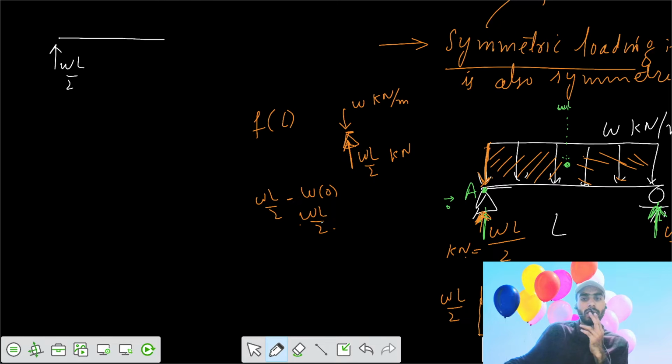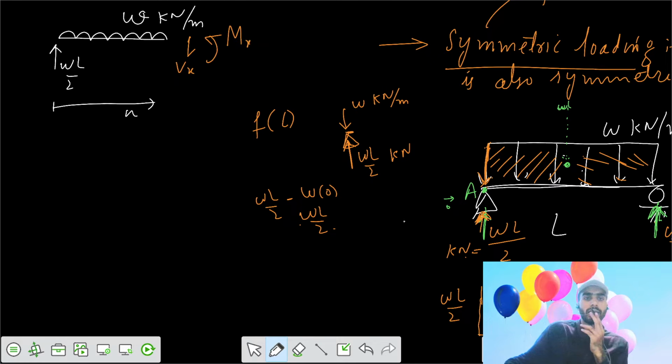Since the loading is continuous, there is no point load, no concentrated load, and no gap in the loading, we take any x until it reaches point B. Let's say this is your x, and the loading intensity was W kilonewton per meter. Cut the section at x. Here the shear force is Vx, and the bending moment is Mx.